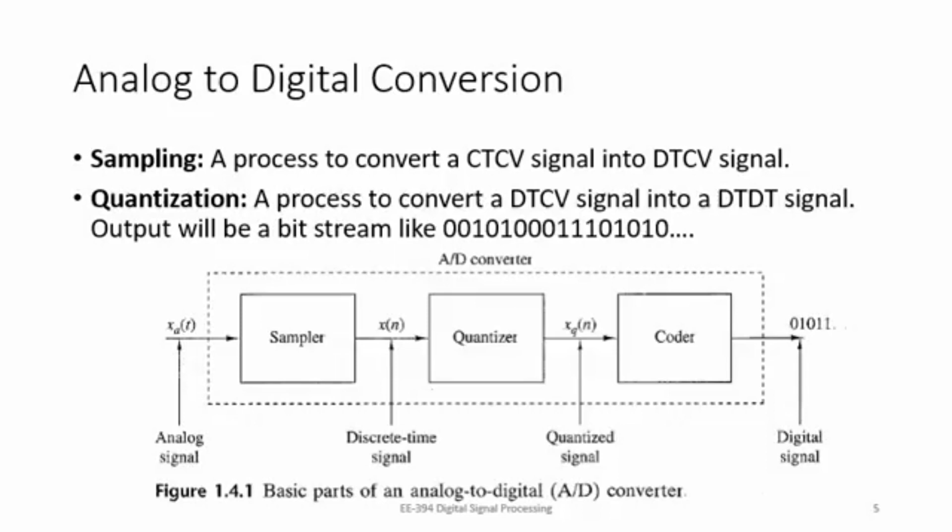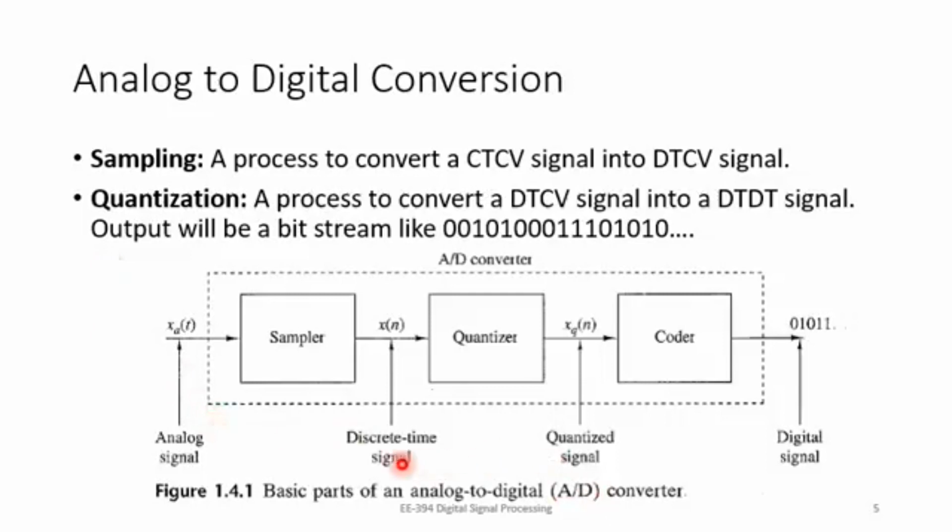Right, so we have seen this slide earlier as well, and we are reviewing this again so that we can clearly see what we will be covering in this lecture. We have seen that quantization is a process to convert a discrete time continuous valued signal into a discrete time discrete valued signal, and the output is generated more like a bit stream in the form of bits.